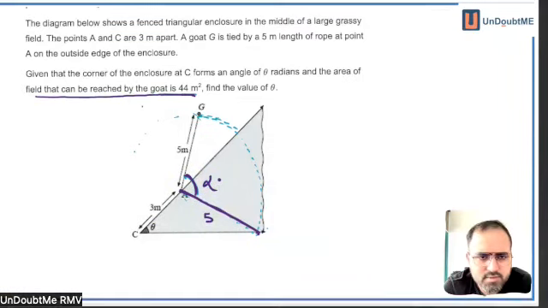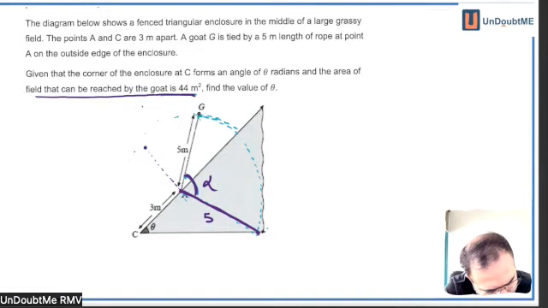About the triangular fence part, have they given anything? No, nothing is given. How do we get this alpha?